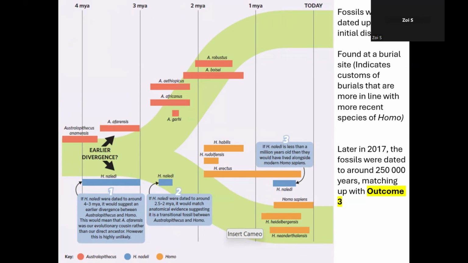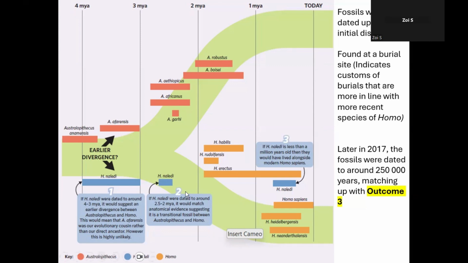So the fact that we found this fossil in a burial site indicates that it is a custom that was passed on as well. So it indicated that if the Homo naledi appeared very early on, that means they already started doing a custom super early on, and that was unlikely because we couldn't find any evidence to support that.